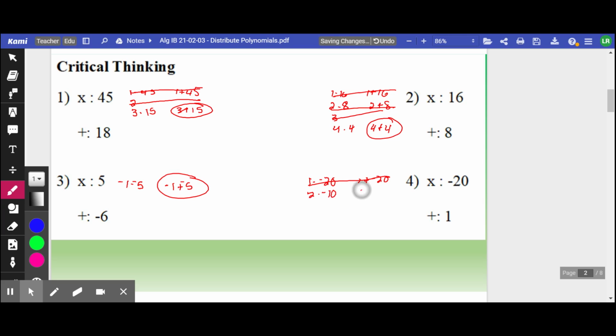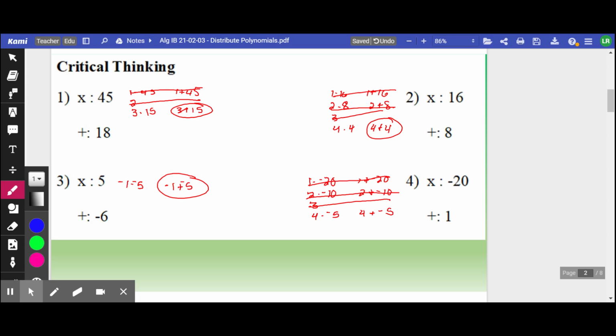That multiplies to be negative 20, but that adds up to be negative 8, so no good. Next number's 3. Doesn't divide evenly. 4. Negative 20 divided by 4 is negative 5. Now I have 4 plus negative 5, well, that's going to give me negative 1.